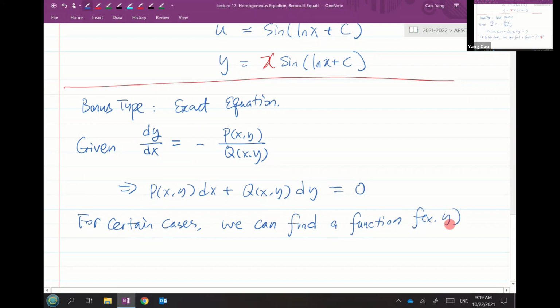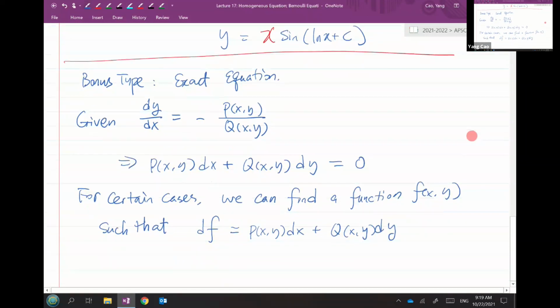So basically, there might exist a function f of x, y such that df equals p of x, y dx plus q of x, y dy. So that's the very special situation. Of course, this doesn't happen all the time, but sometimes it happens.